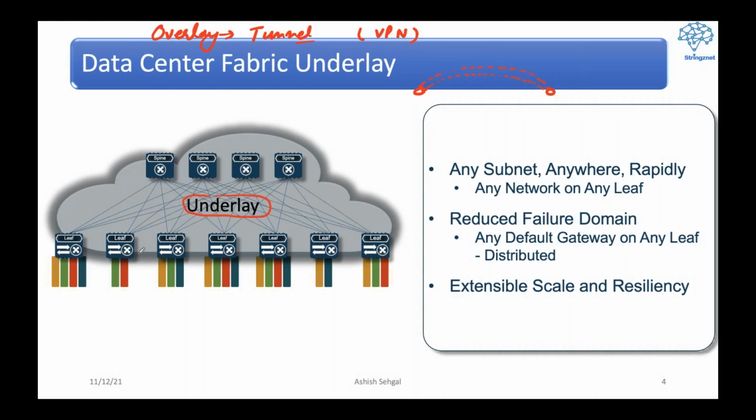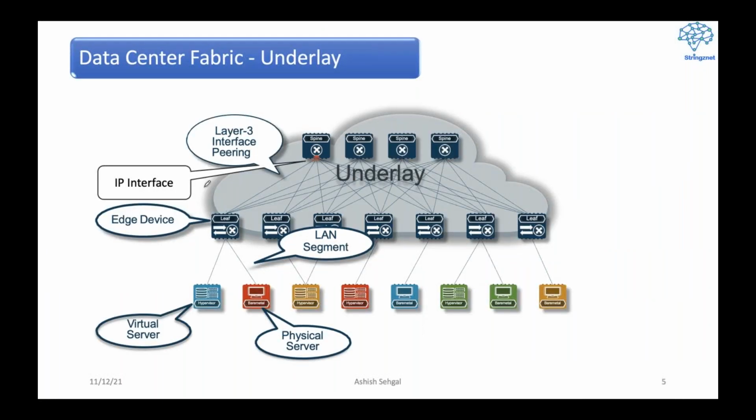The connectivity which you are seeing over here between your leaf and the spine switches, north to south connectivity, that physical as well as layer 3 connectivity is known as underlay. But VXLAN runs on top of the underlay.